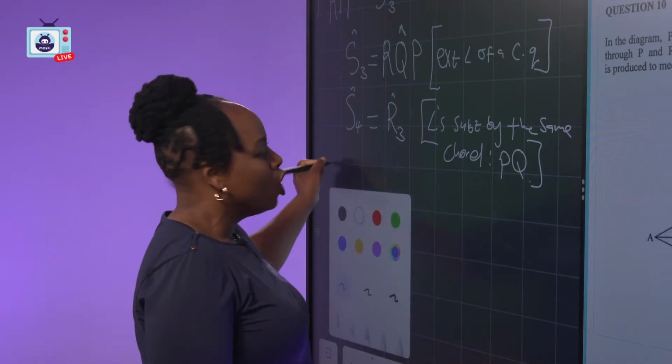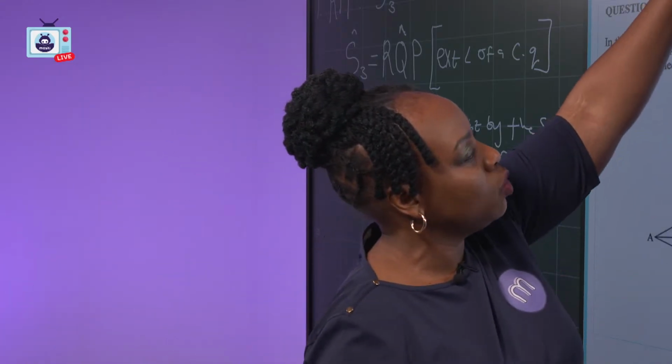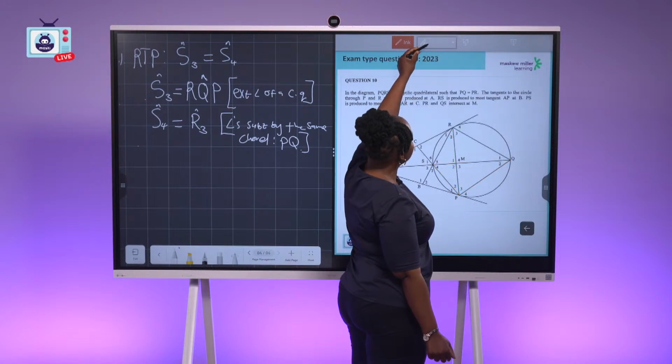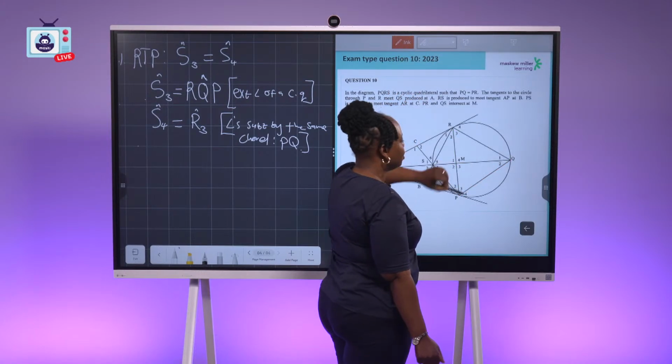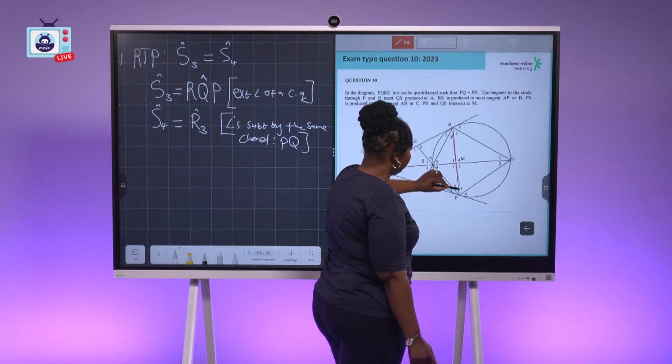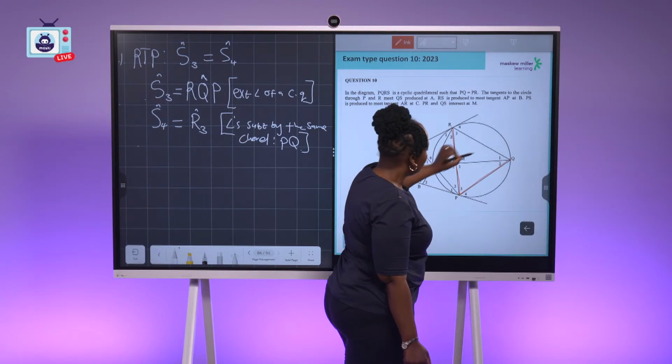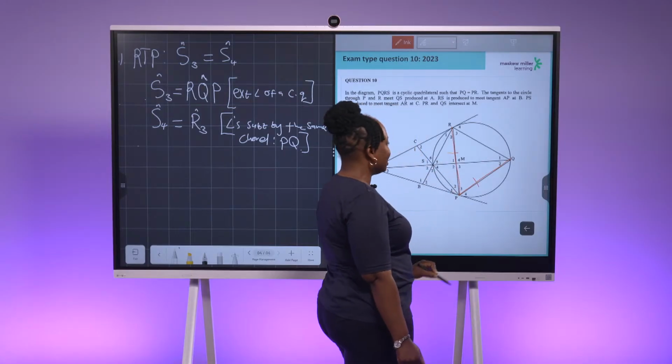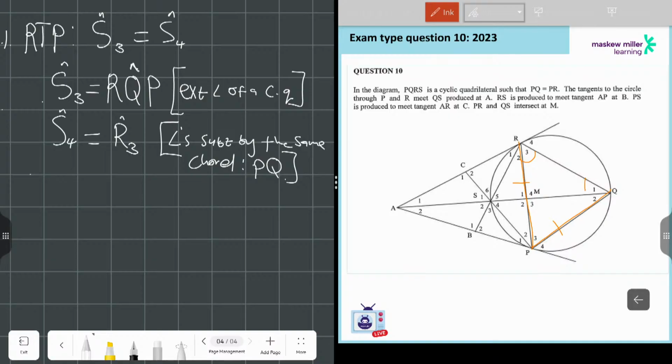Watch it, let's go. Now when you go back to the statement that was given to us, you will remember that initially I said we are given that the line RP equals the line PQ. If that is the case, that means the angles opposite those equal sides are also equal. So from that information, I am going to write that R3 equals the same angle RQP. Do I just say given?